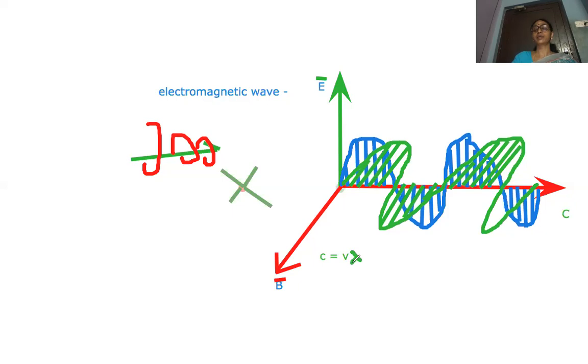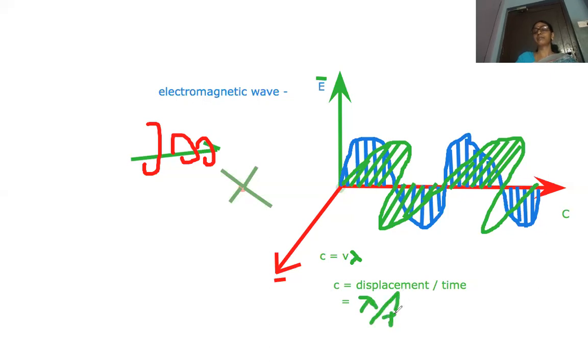We know that velocity C is equal to displacement by time, right? Here displacement is nothing but wavelength, that is the distance traveled, by time.